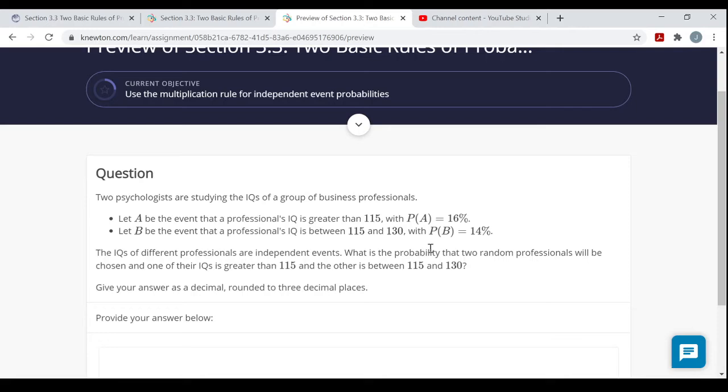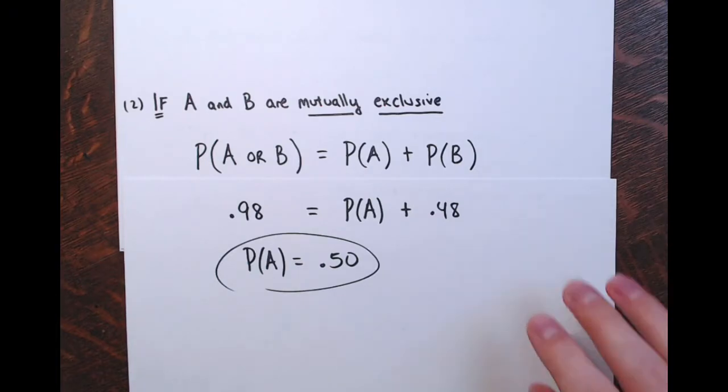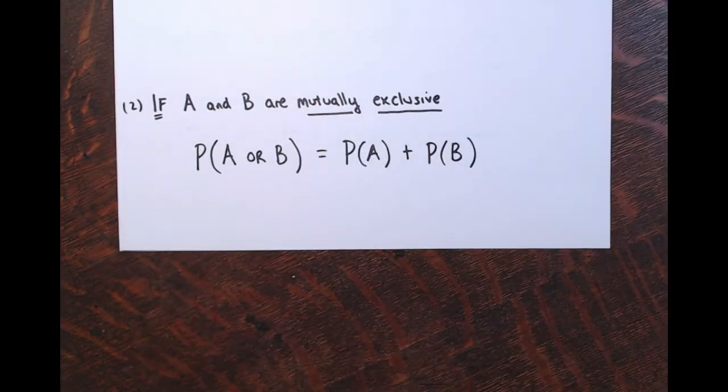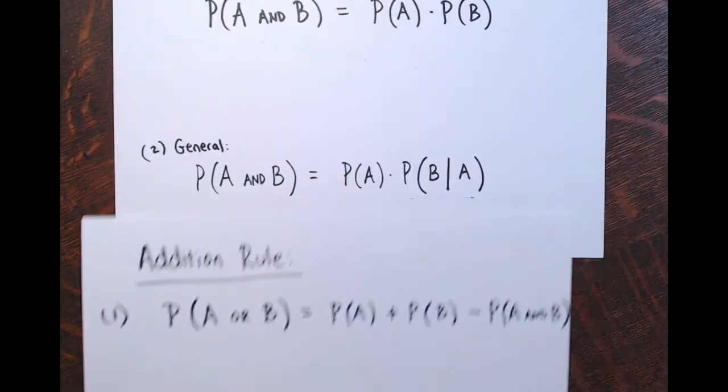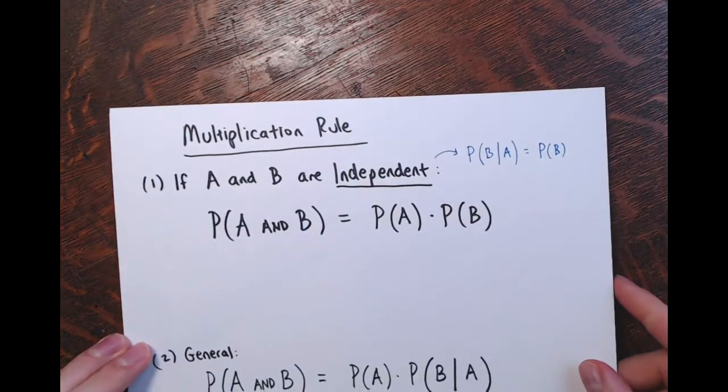One person's IQ and another person's IQ are independent of one another. So what is the probability that two random professionals will be chosen and one of their IQs is greater than 115 and the other one is between 115 and 130? Now we're talking about the multiplication rule for independent events.